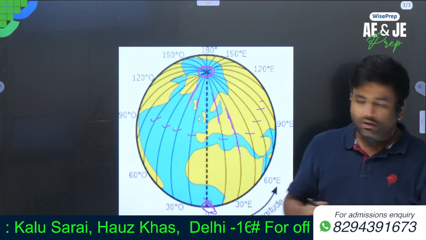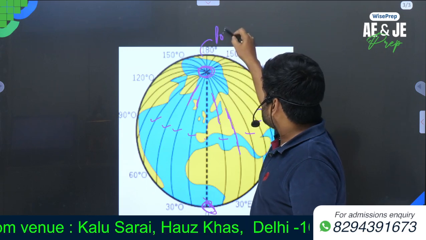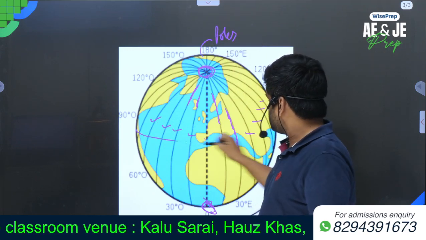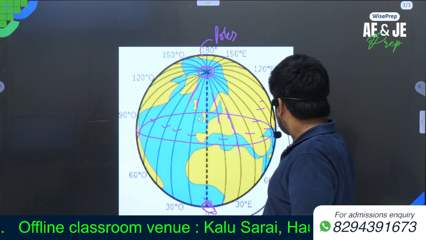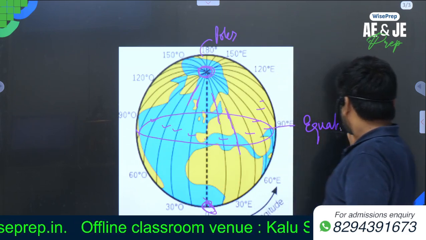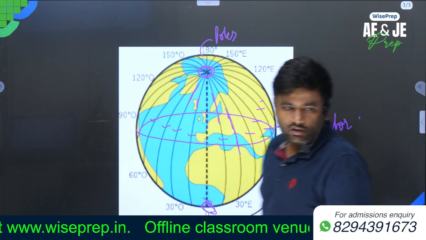All right. So these are the poles, and this is the equator.